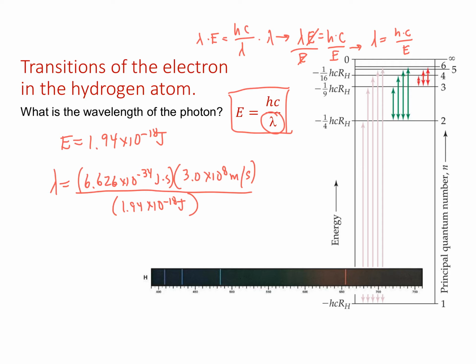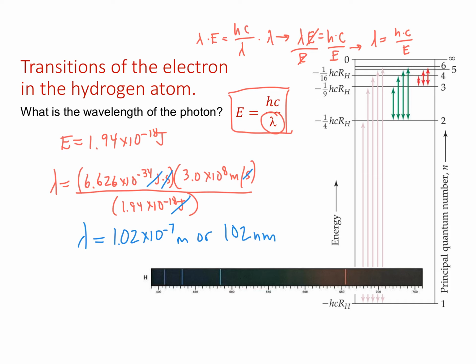So when I multiply and divide, take a look at the units real quick, right? Seconds will cancel out right here, joules will cancel out here. That's good. I'll be left with meters. I'm looking for wavelength. Wavelength is a distance. So wavelength ends up being 1.02 times 10 to the minus 7 meters, or 102 nanometers.